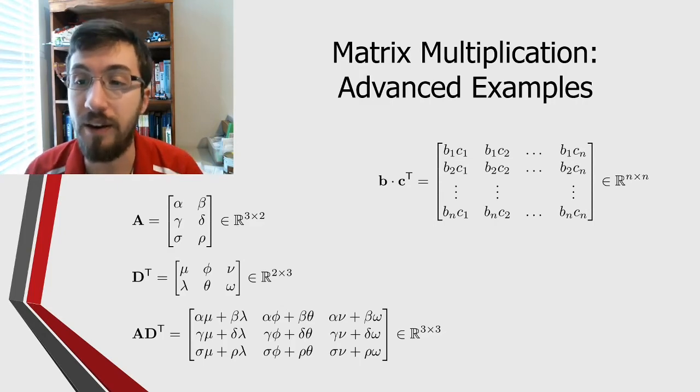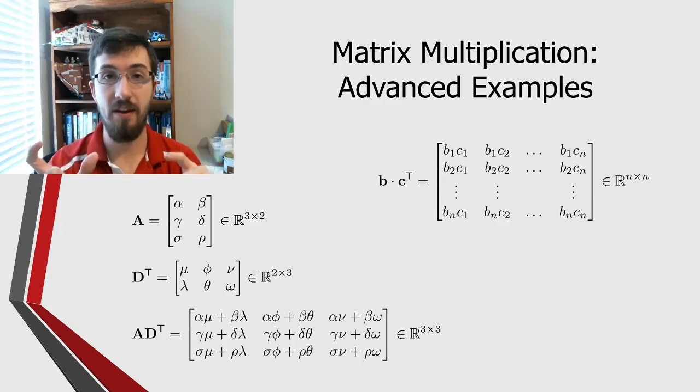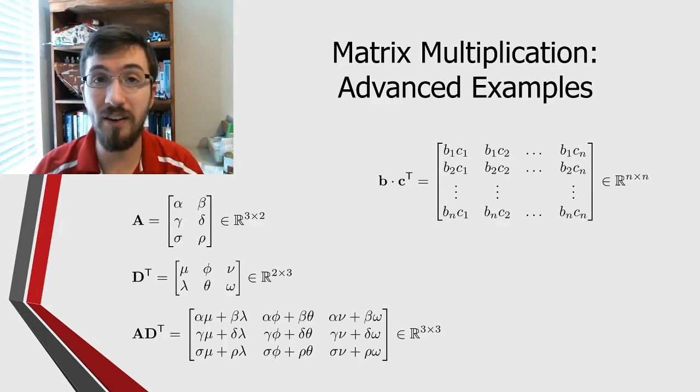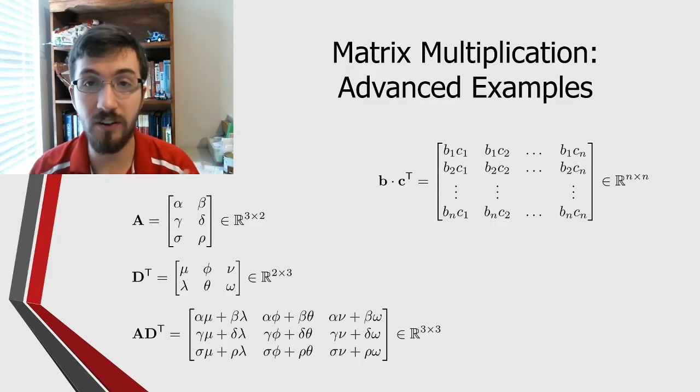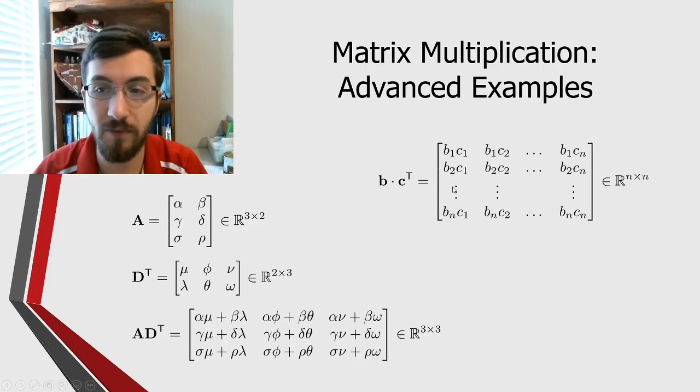And that's different. That's an n by 1 times a 1 by n. The inner dimensions are the same, so we're allowed to do this multiplication, and it's actually going to be an n by n matrix.